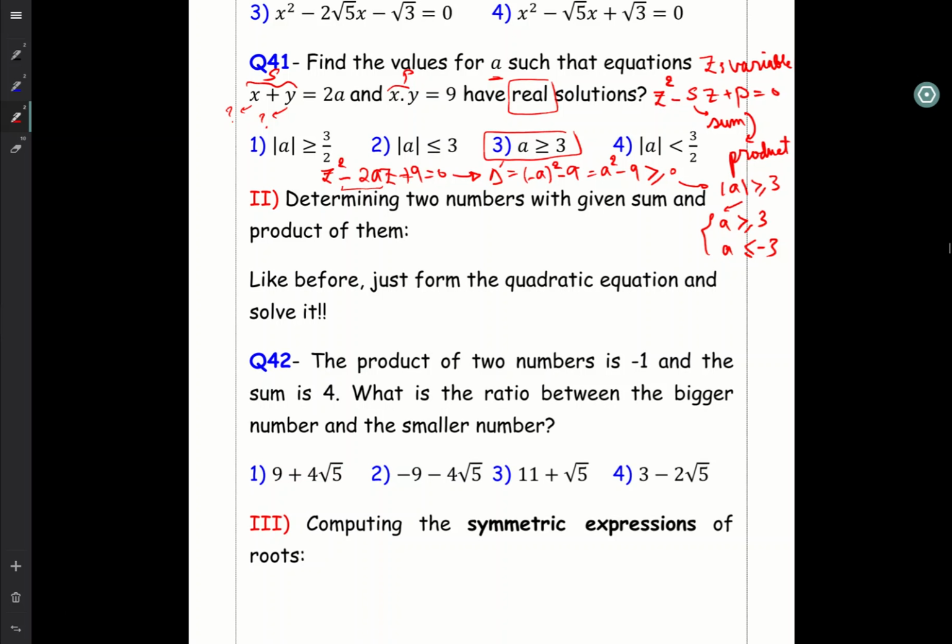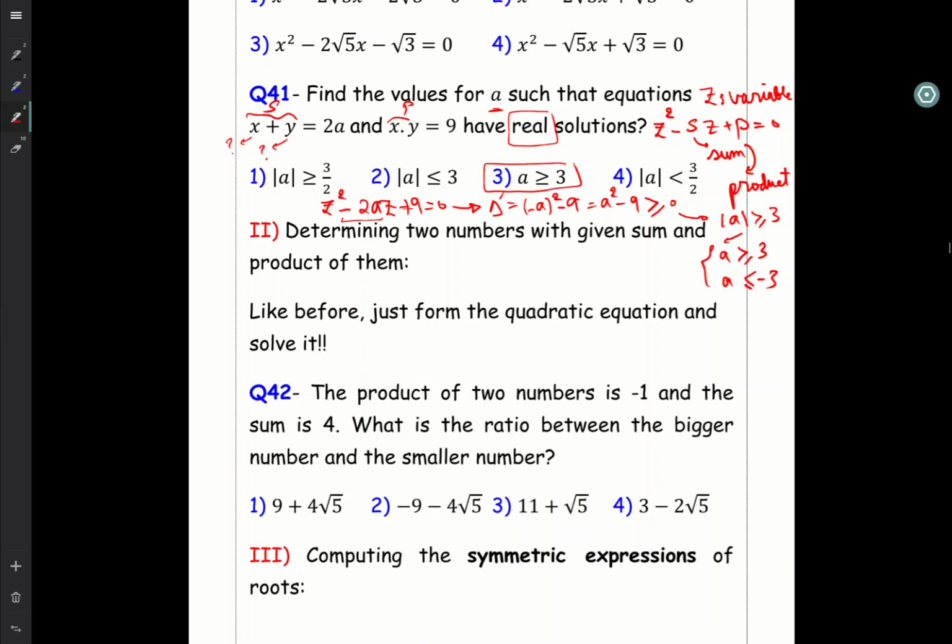So we can choose number 3, a greater than or equal to 3. Alright, the second property is determining two numbers with given sum and product, just like question 41 that we discussed. So we have the sum s and the product p, and the quadratic equation is x squared minus sx plus p equals 0.